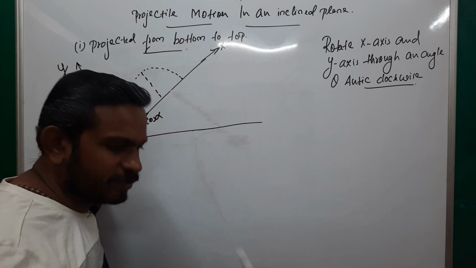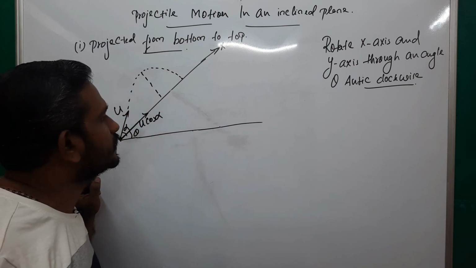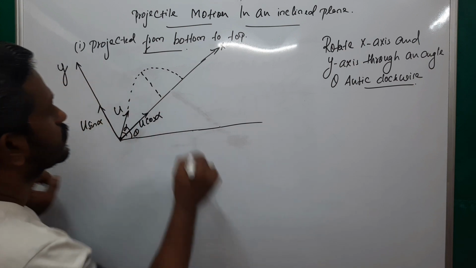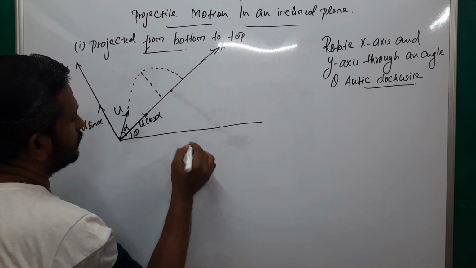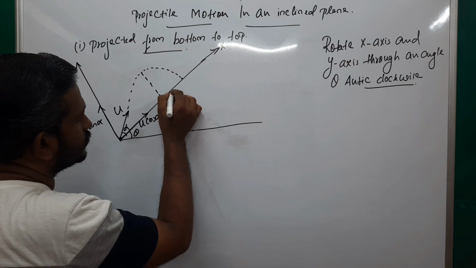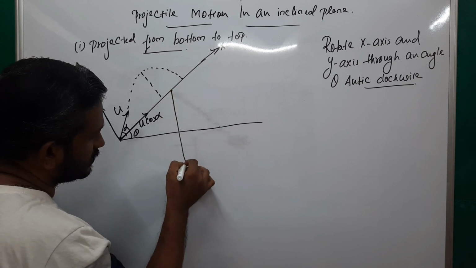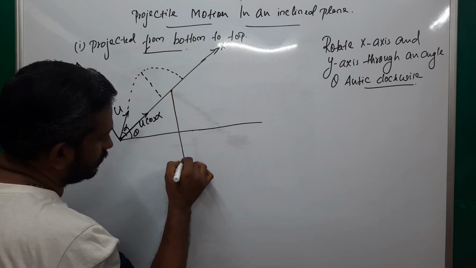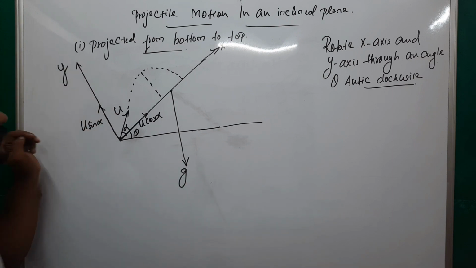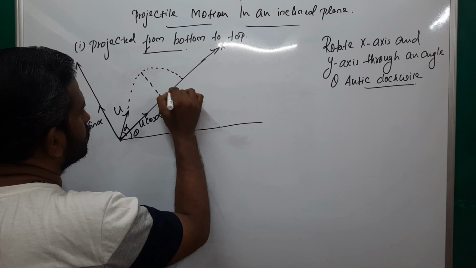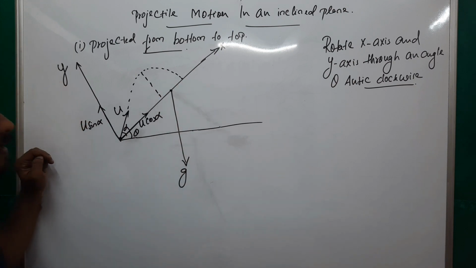It is acting always towards the center of the earth. So at this point, the acceleration due to gravity is acting like this, g.